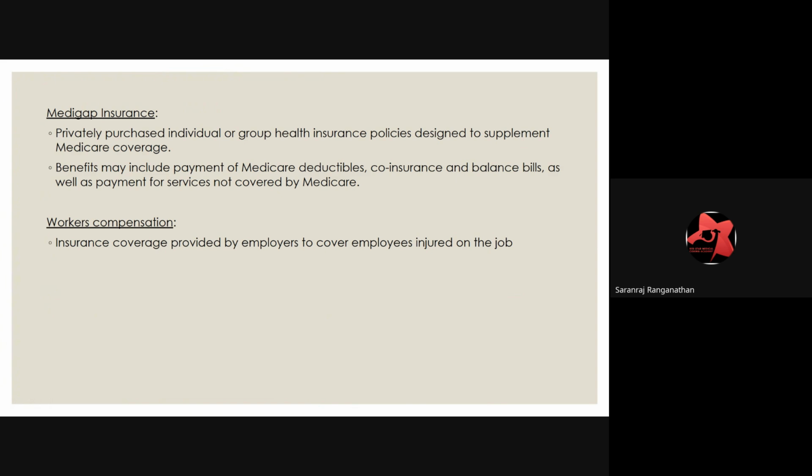Like that they are purchasing, which is Medigap insurance. Benefits may include payment of Medicare deductibles, co-insurance and balance bills, as well as payment for services not covered by Medicare. So these people are not coming under these Medicare services. Then workers' compensation is insurance coverage provided by employers to cover employees injured on the job.